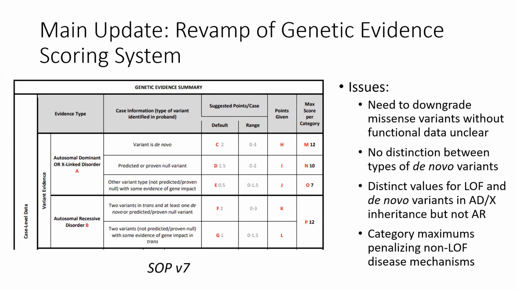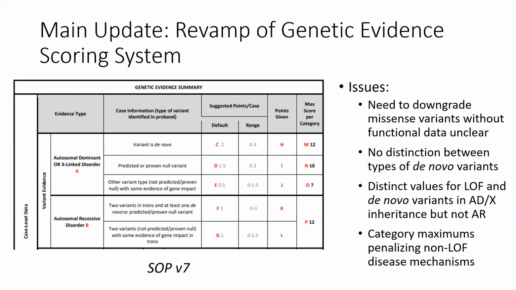And what I'm showing you here on the screen is the older version of the genetic evidence scoring system from version 7. Hopefully this is familiar to many of you, but there were a few issues that we wanted to address with this update. One is the need to downgrade missense variants without functional data.